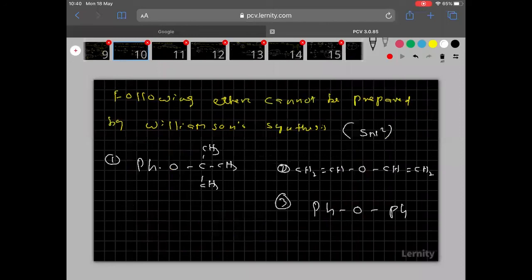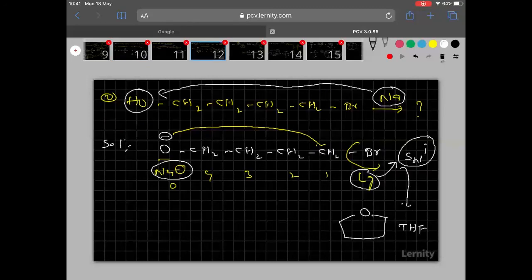Here I started questions, you see. Next, this one you see, intramolecular mechanism. Next here, one more example for intramolecular.